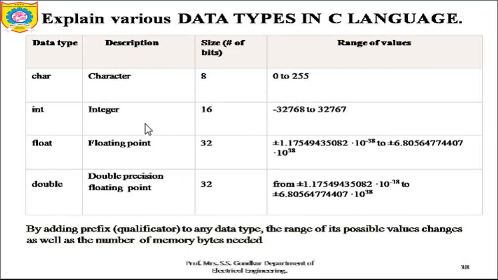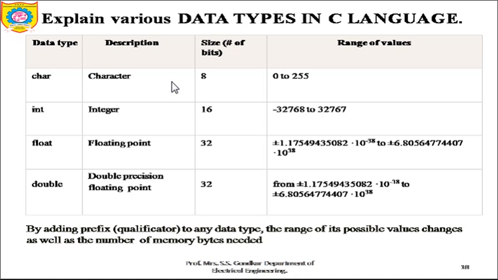This is a most important type of question: explain the various data types in C language. So what is a data type? It is a type of data. Your data may be an integer, float, character, string, or an array. Data types refer to an extensive system used for declaring variables or functions.